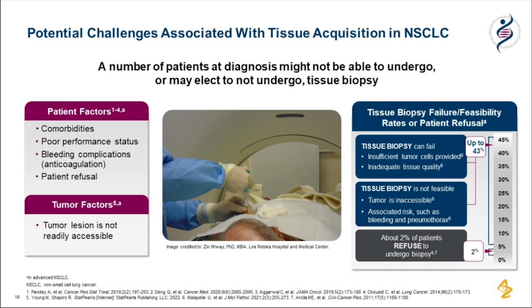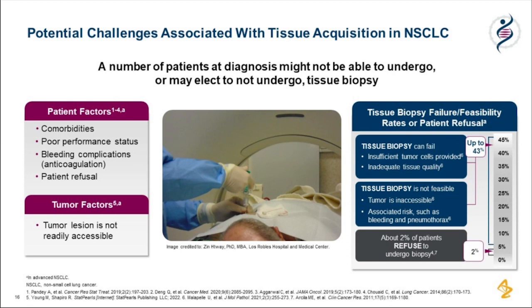And many of us are familiar with the potential challenges associated with tissue acquisition for non-small cell. We have patient factors: comorbidity, poor performance status, bleeding complications. You also have patient refusal. We have tumor factors: the tumor lesion is not readily accessible. Tissue biopsy can fail.